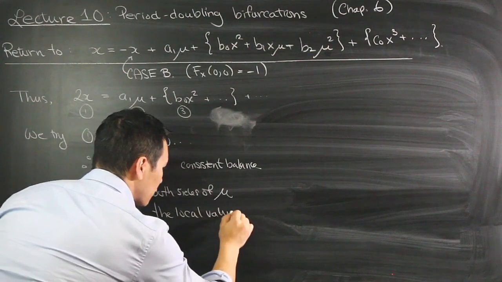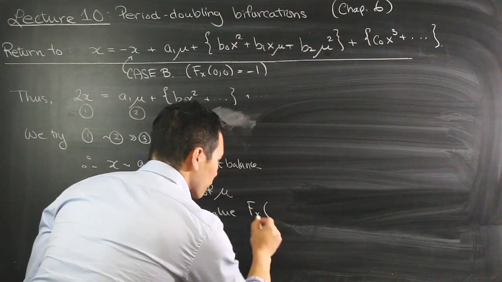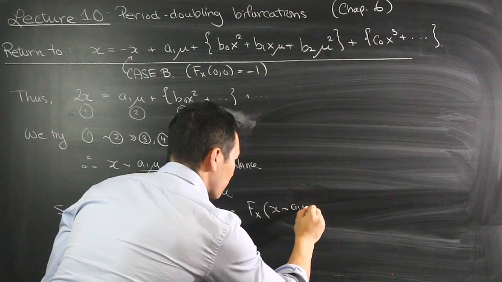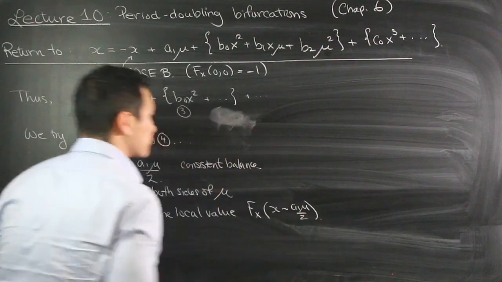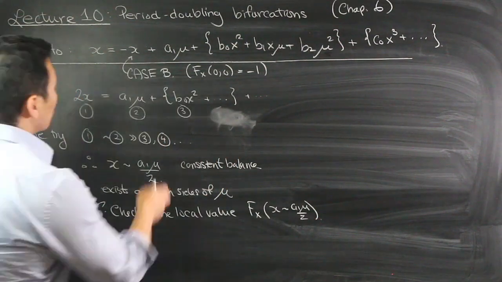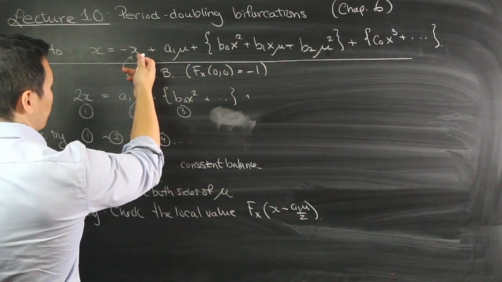And to check the stability, we have to check the value of f'(x) at this point here. Okay, this on the right-hand side is f, so you take the derivative with respect to x.